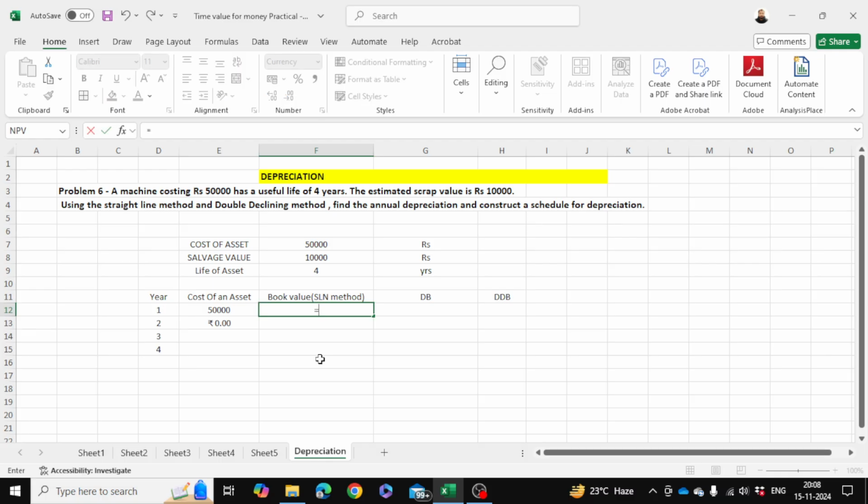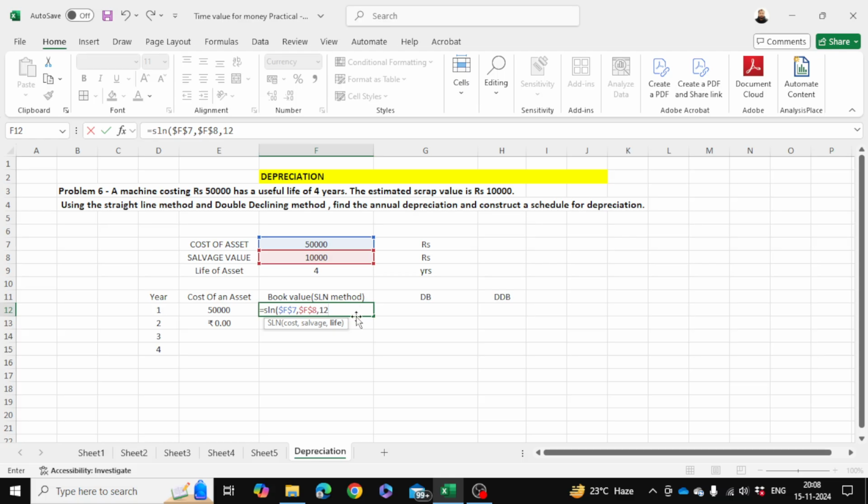Equals to SLN, we have to take something constant. Cost is constant, we have not made it constant, so you have to make it constant because it is going to remain the same. Salvage value is going to remain the same, you have to fix it, right? But life, for this 1 year you have to calculate the book value, right?